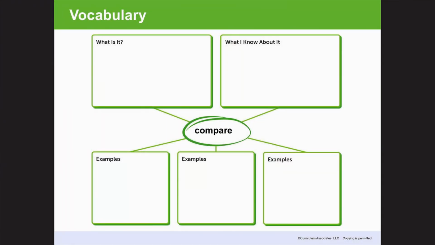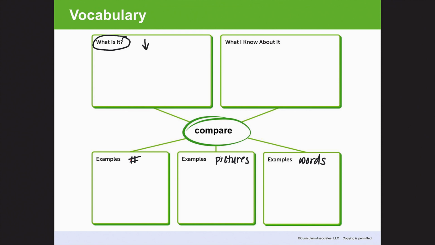Okay. In our assignment, we're talking about the word compare. So I want you to explain how we compare numbers together, how we compare with pictures, how we compare with words. So what is comparing? Tell me, what is comparing to you? What do you do when you compare something?